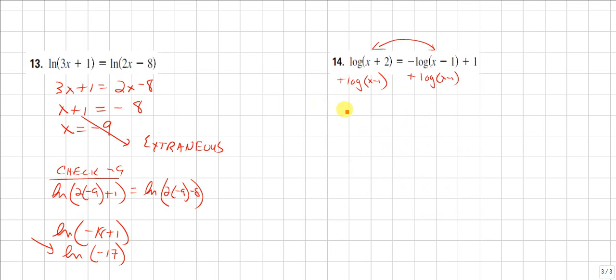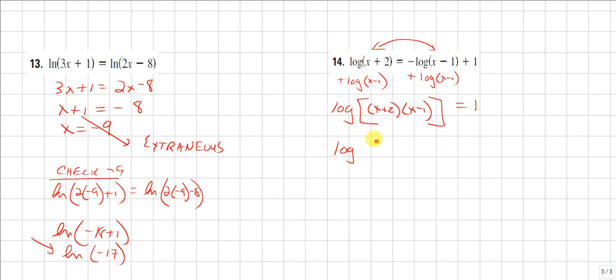Okay, so what this is going to be is when I bring this over, I'm going to end up with the logarithm. Remember, those would add, so I would have the logarithm of x plus 2 times x minus 1, when they combine, would be equal to 1.